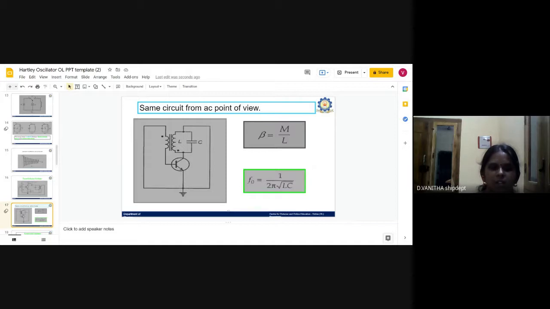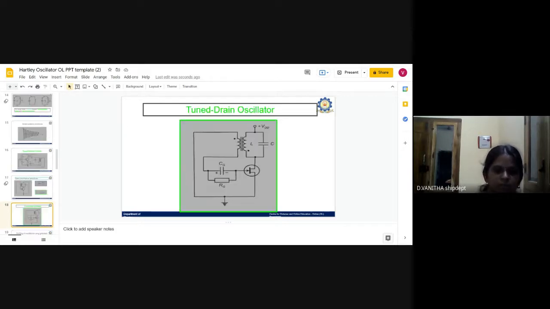We are getting the feedback element as the mutual inductance divided by the self inductance, and due to that magnetic field induced, a flux will be produced so that the tank circuit is oscillating with the maximum frequency, which is equal to 1 by 2 pi root of LC. This is the tuned collector oscillator.